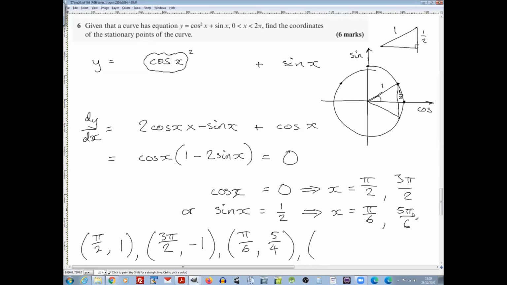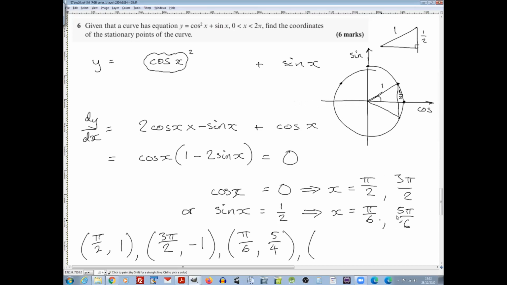And finally, for 5 pi over 6, what's cos if you're here at 10 o'clock? Cos is just the x coordinate of that. Yeah. Oh, my battery's running low. So remember, the horizontal axis in the unit circle is cos.